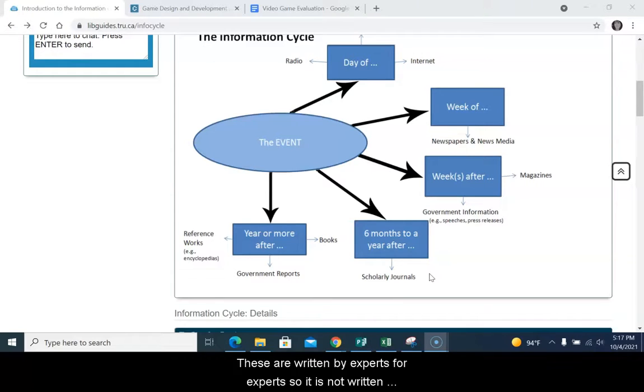These are written by experts for experts. So it is not written for a general audience. Usually the writers of scholarly journal articles are researchers with advanced degrees. They can be very difficult to read, and they go through a very careful editorial process.